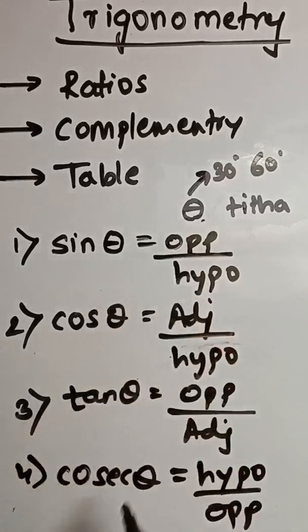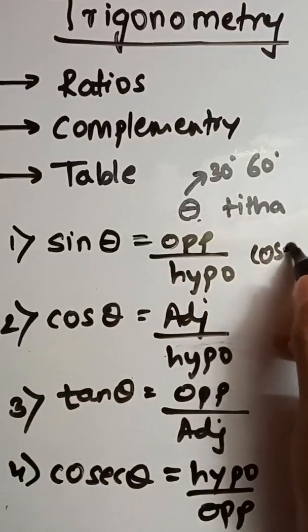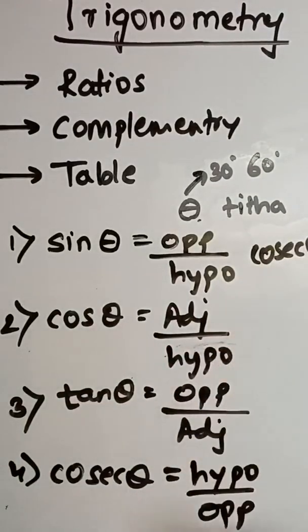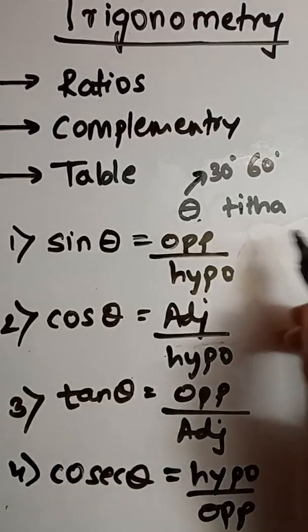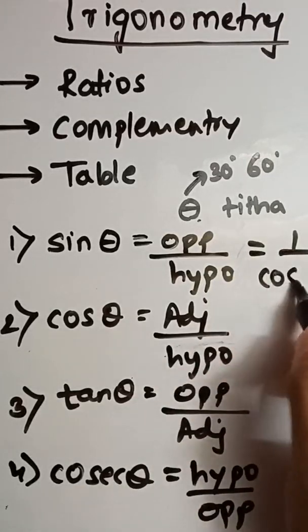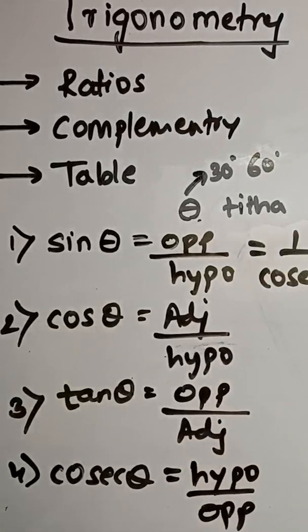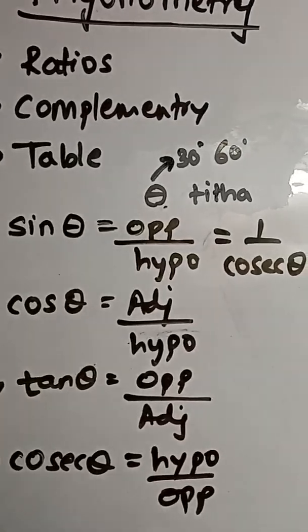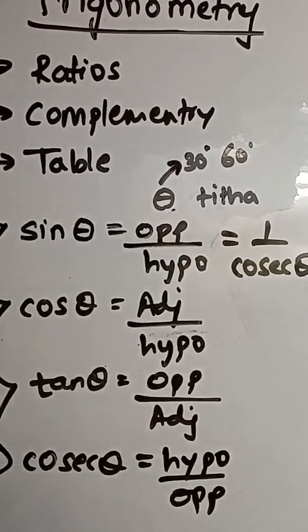Okay, this is the reciprocal of sin. So sin को उल्टा करेंगे तो cosec. So I'll write here cosec theta. Or I can write it like this to make you understand that this is nothing but 1 upon sin theta. I hope it's visible now. You can see here cosec theta.